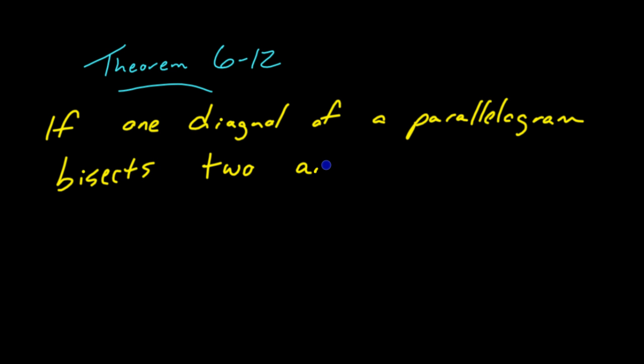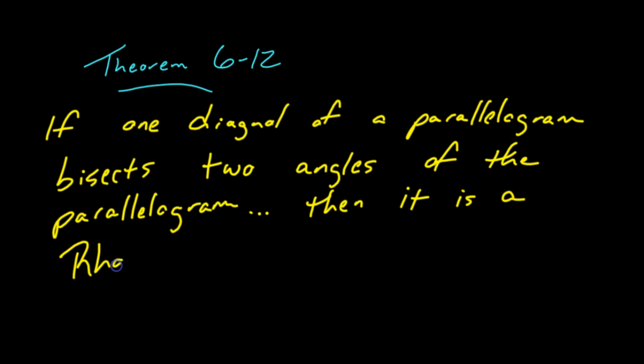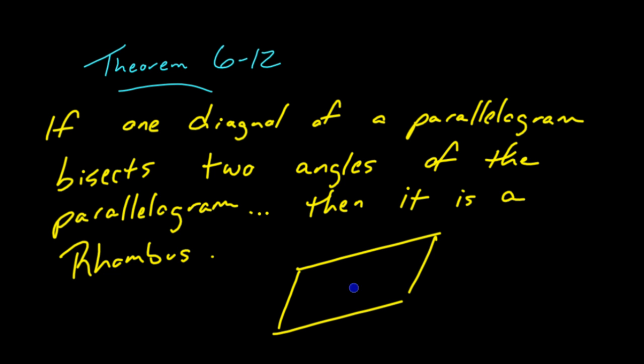So if one diagonal bisects two angles of a parallelogram, then that parallelogram is going to be a rhombus. So again, that's that idea of diagonals bisect the angles. Anytime you guys have that, it's going to be a rhombus. And we'll try to draw a quick picture of that.